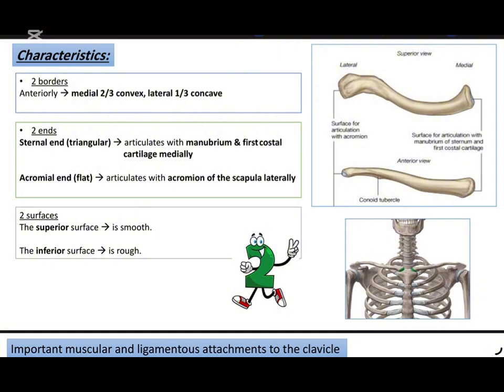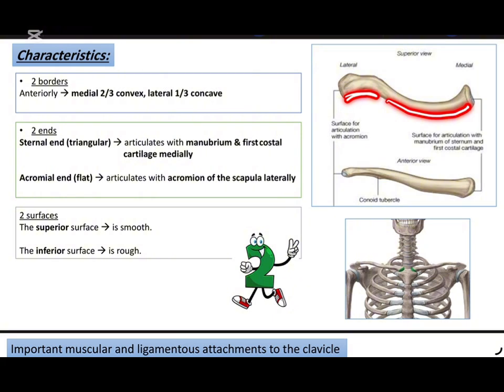Then we have the borders. I have here the anterior border, and this is the posterior border. When we look at the anterior border, the medial 2/3 is convex, while the lateral 1/3 is concave.